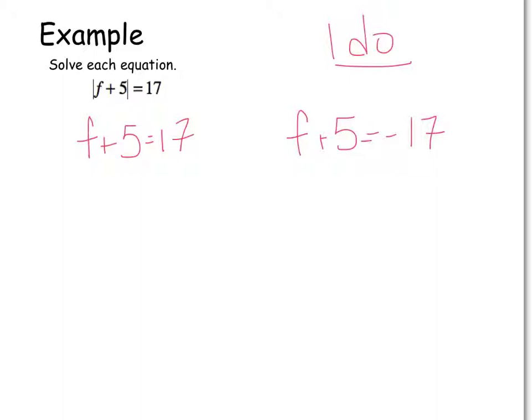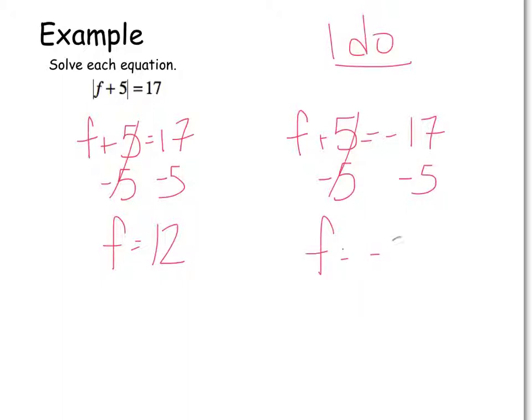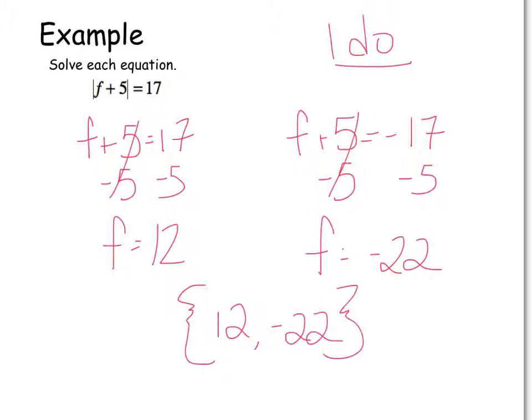Then, at this step, you just solve. So I have minus 5, and then I have f equals 12. And then here I subtract 5, and f equals negative 22. So to write my final answer, I'm going to do those bracket things, and I have 12, comma, negative 22 as my final answer.